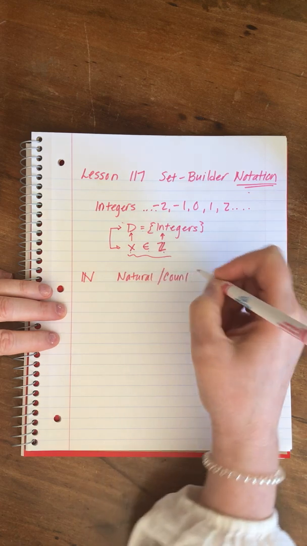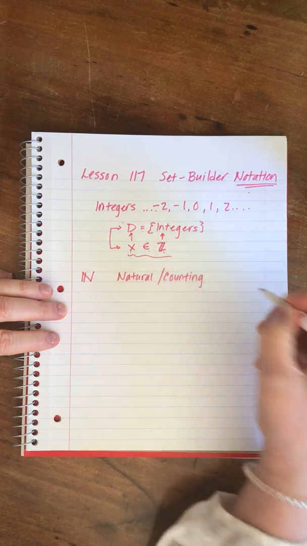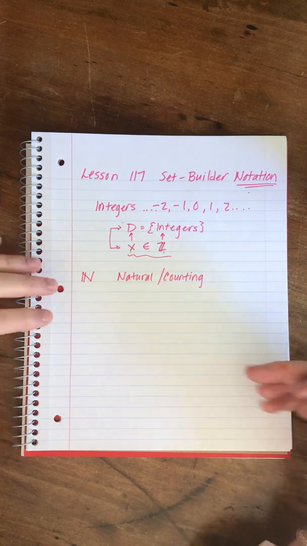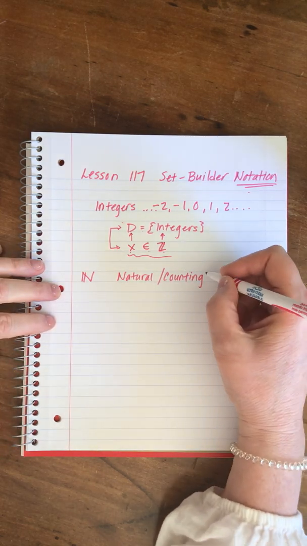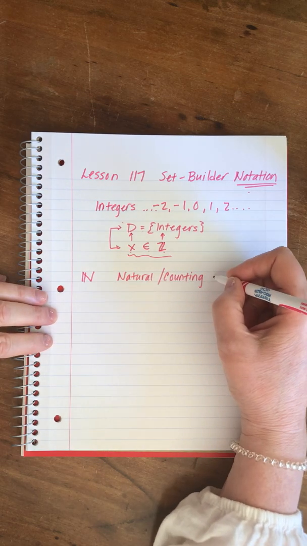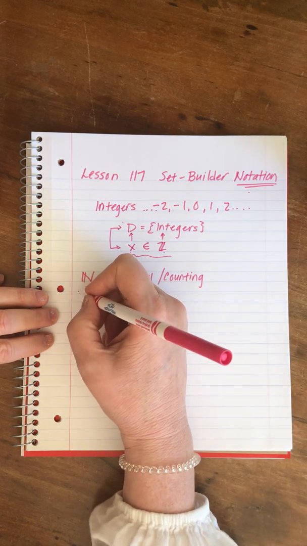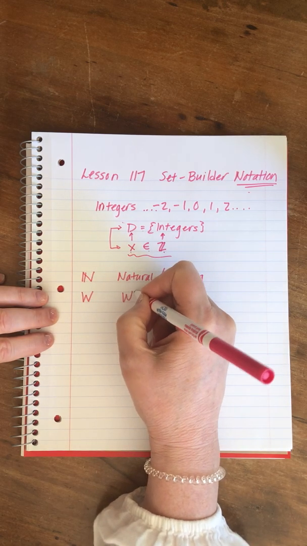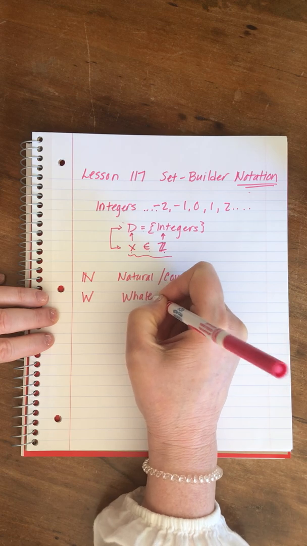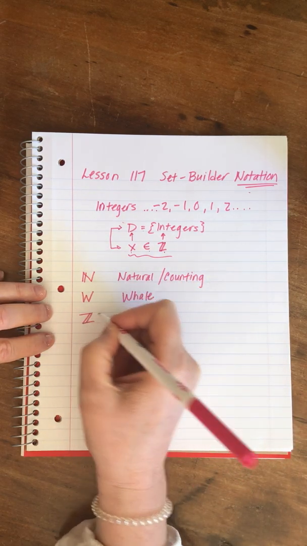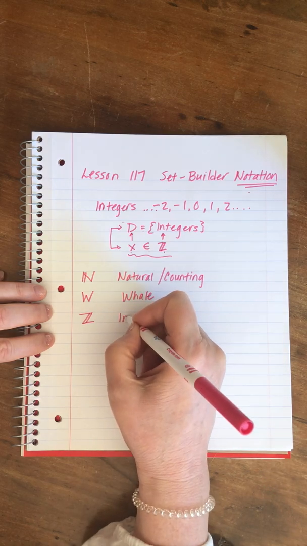We don't use these very often, but remember that diagram I've drawn with the boxes and the boxes and the boxes. This is where you started out, right, with your mom counting your little baby piggy toes after the bath. Natural or counting numbers. Then we moved into the whole numbers. We symbolize that with a W. Then we get into the integers. I already told you that's a Z, which is kind of weird, but it's fun to draw.